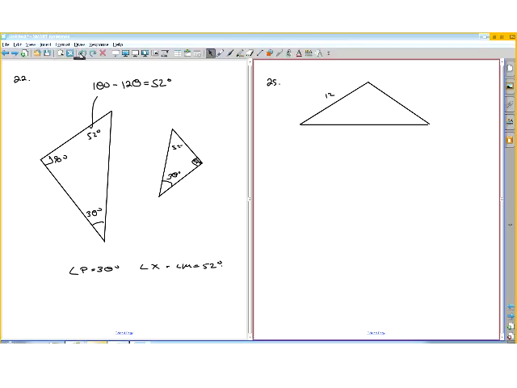Okay, let me undo that. I need to group these things first. Okay, now I can write some numbers on it.